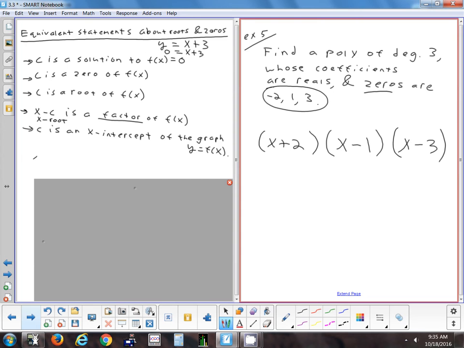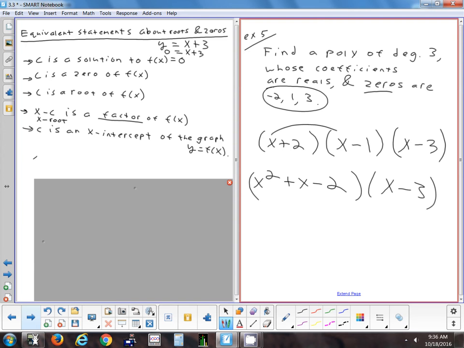If they don't say to do anything, you can leave the answer just like that. That's factored. Or you can quickly FOIL this out. It's x squared minus x plus 2 minus 2. And then we could FOIL it times the last one.